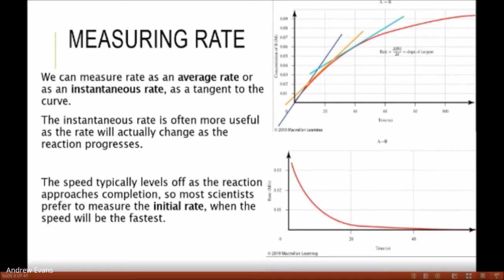Typically scientists will only prefer the instantaneous rate at the initial time. They'll only look at the initial rate where the reaction speed will be the fastest. So I'll be looking at, for example, this portion right here, the region where it's the fastest, to try to determine stuff about that.